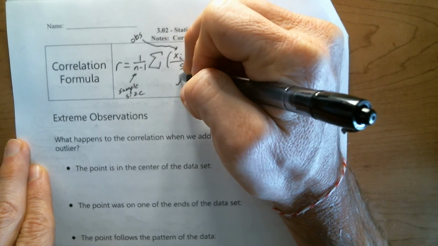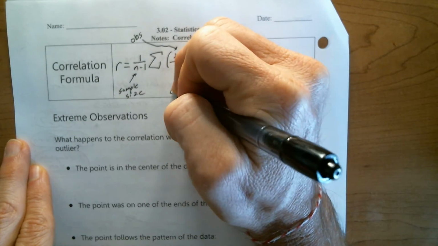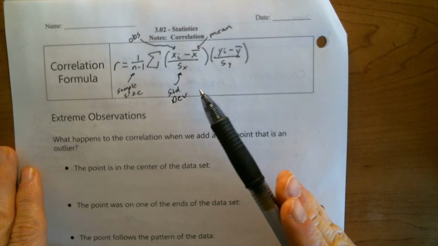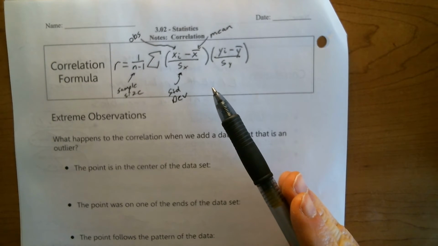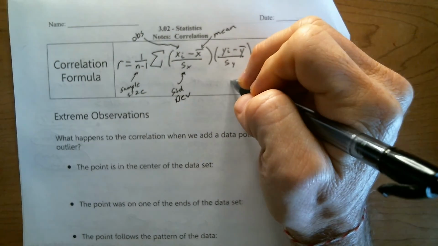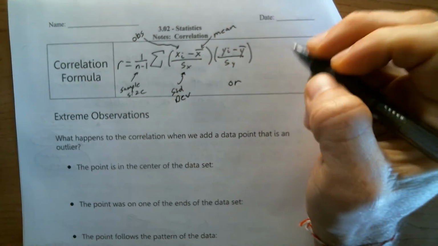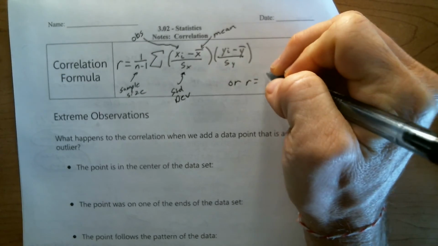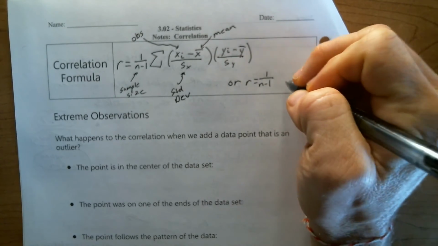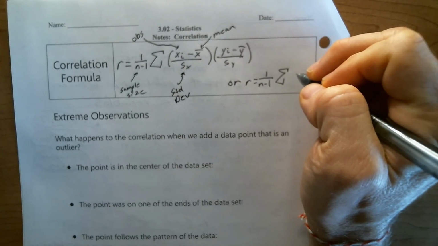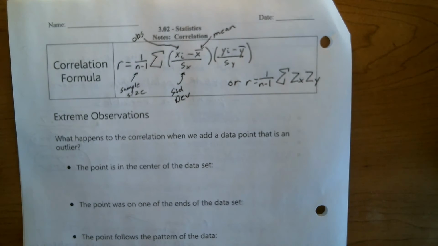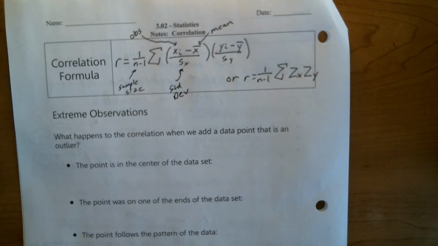And s sub x there is your standard deviation. So hopefully this formula looks familiar to you because it is our z-score formula. So another way to think of this is r equals 1 over n minus 1 times the summation of z sub x times z sub y.